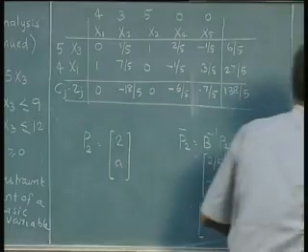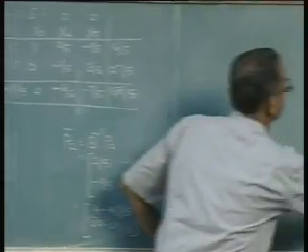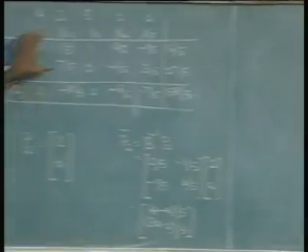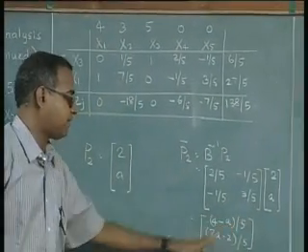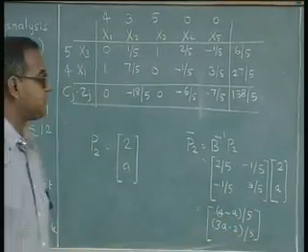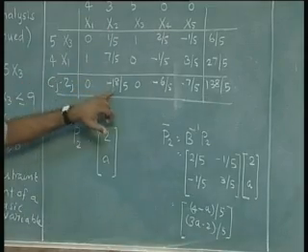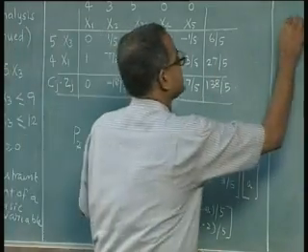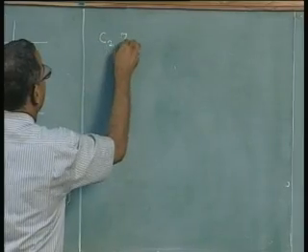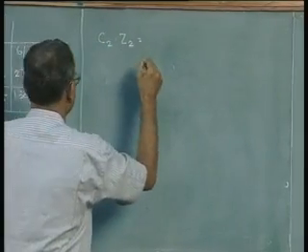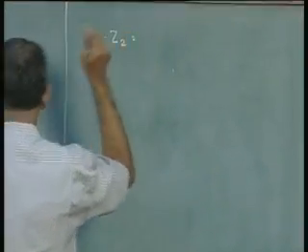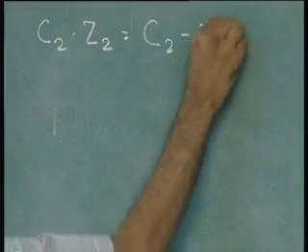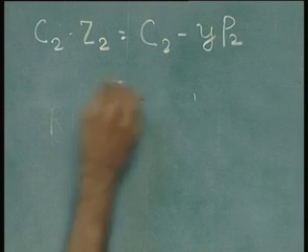Now, because of this change, this will become 4 minus a by 5, 3a minus 2 by 5, and this C2 minus Z2 will also change. So, we evaluate C2 minus Z2 equal to C2 minus YP2.